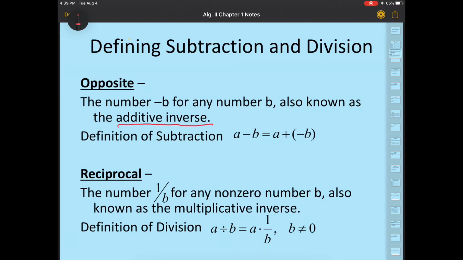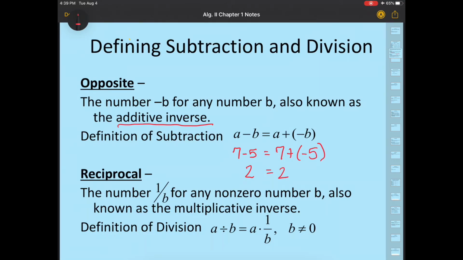So if we have, for example, say 7 minus 5, that's the same thing as 7 plus negative 5. We're just having that additive inverse in there. So we know 7 minus 5, that's really 2, but 7 plus negative 5, that's still 2.